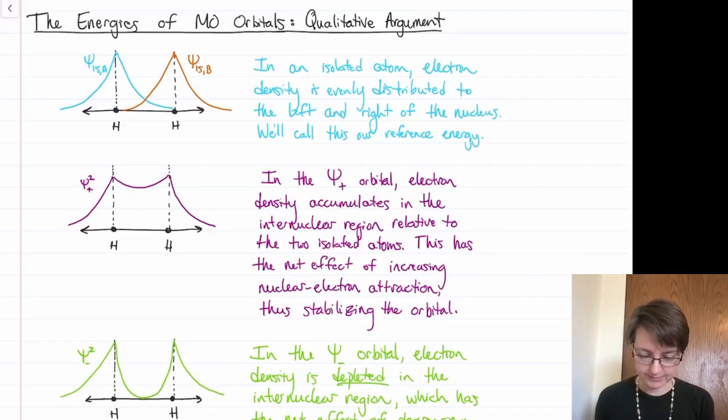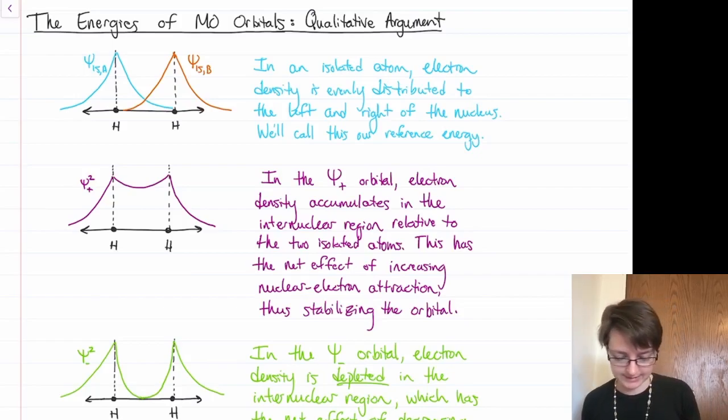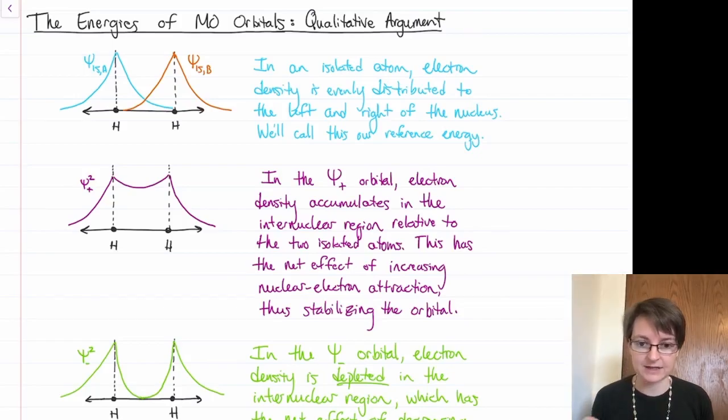In an isolated atom, the electron density is evenly distributed to the left and to the right of the nucleus. And we're going to call this our reference energy, E1s, like we had at the beginning of today's lecture. When we get to our psi plus orbital, electron density is accumulating in this internuclear region relative to the isolated atoms.